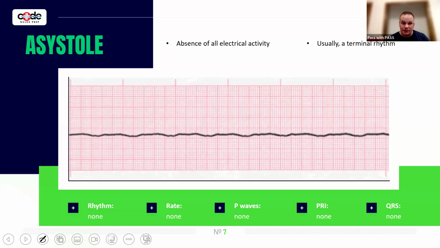Okay, so asystole is that flat line, absence of all electrical activity. Remember to check your leads or your pads and make sure they're actually on and connected to the monitor, because if they don't have a good connection to the patient or they're not plugged into the cardiac monitor, it can look like asystole on the monitor.